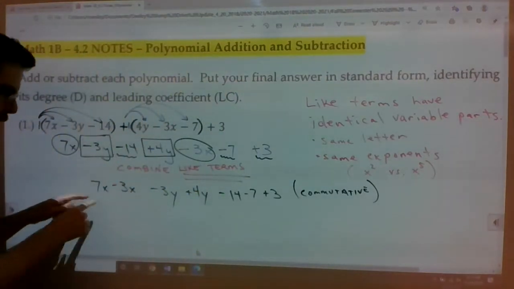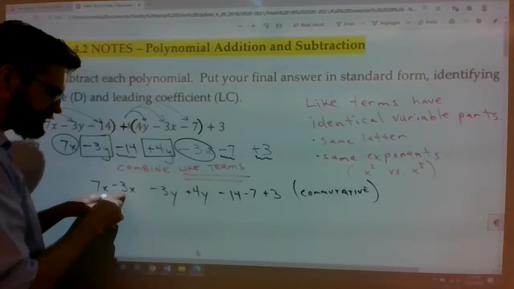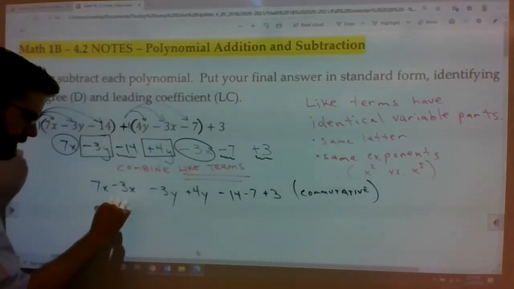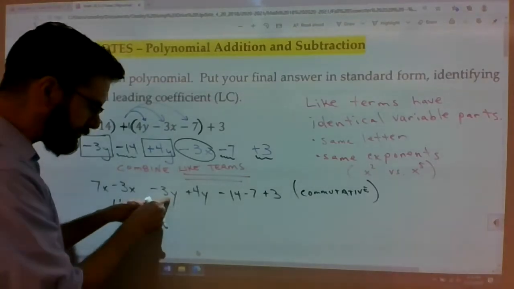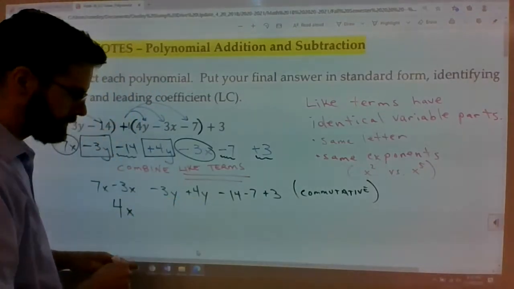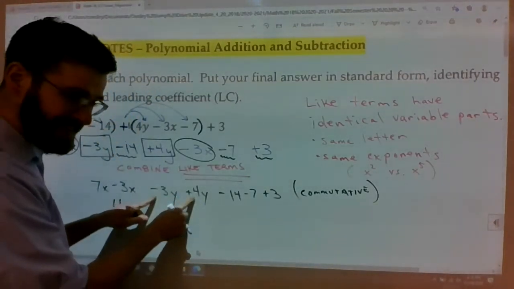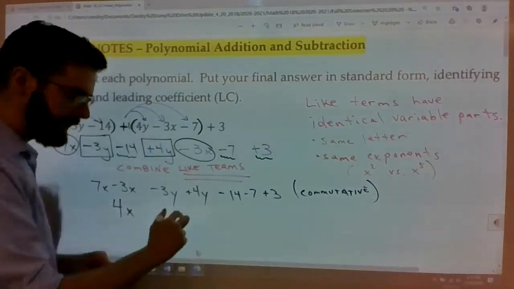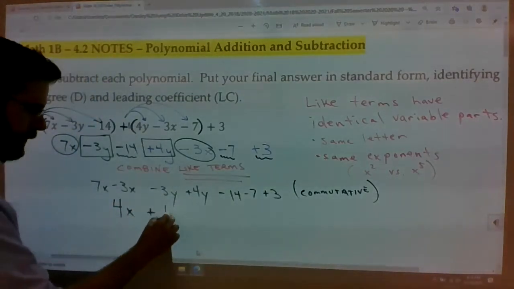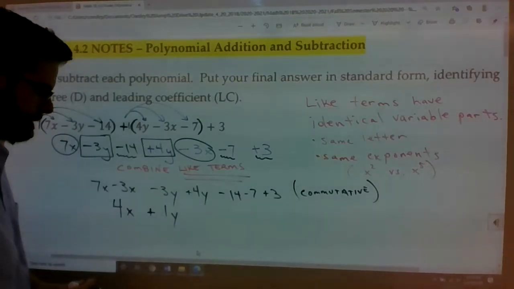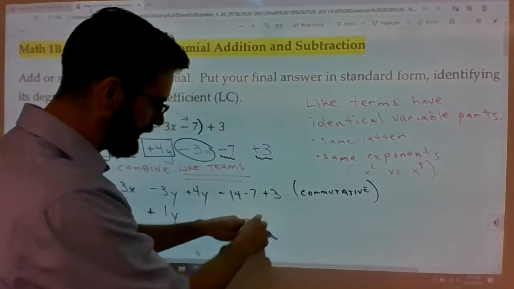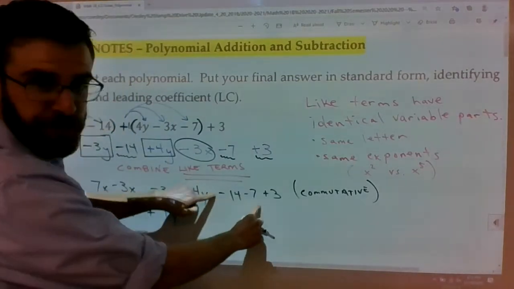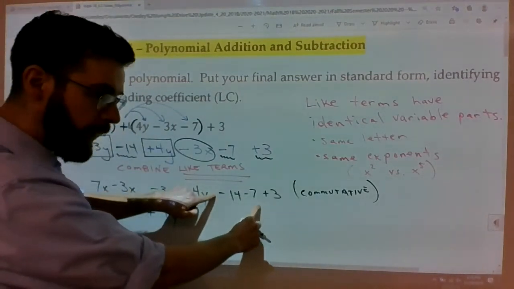All right, so what is 7x minus 3x? 4x. What is negative 3y plus 4y? Well, opposites subtract and you take the sign of the bigger one. So plus 1y. What's negative 14 minus 7 plus 3? Well, these two added together would be negative 21.